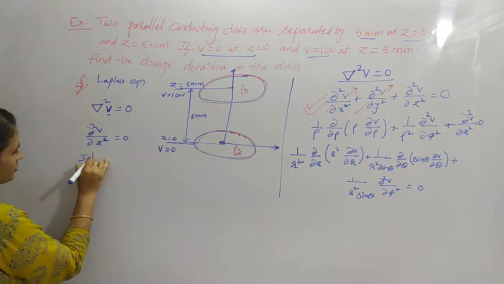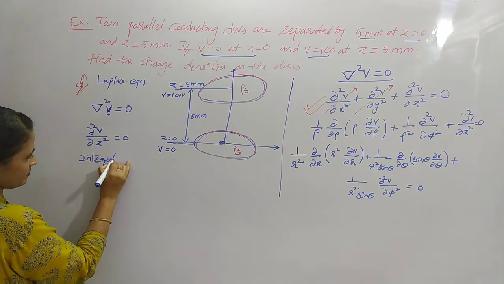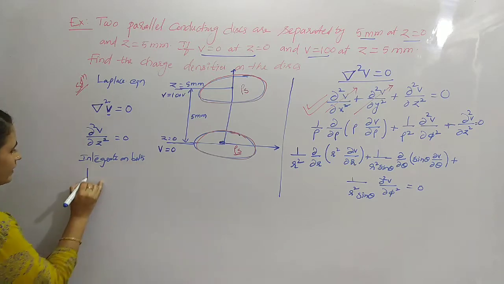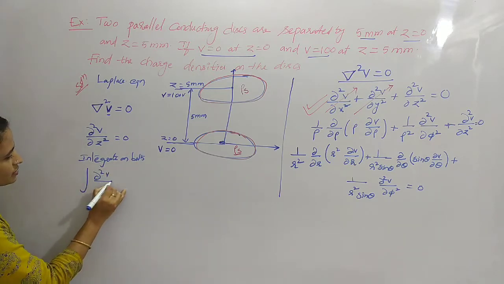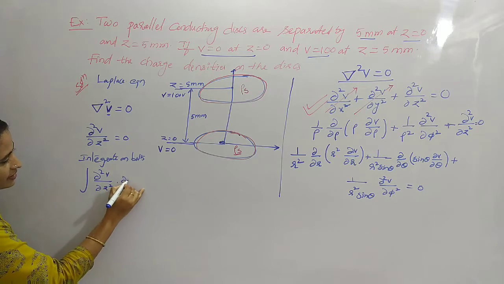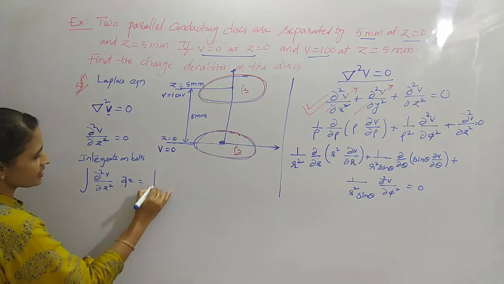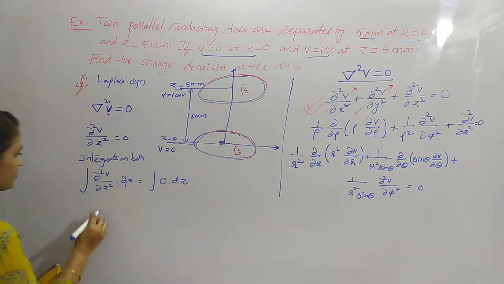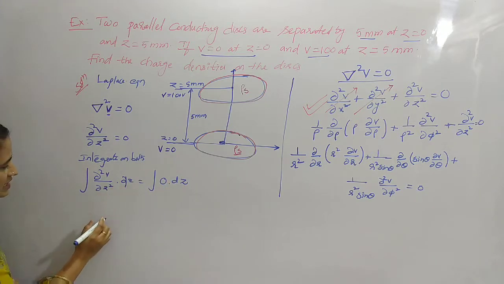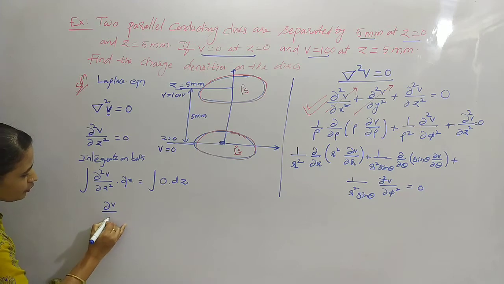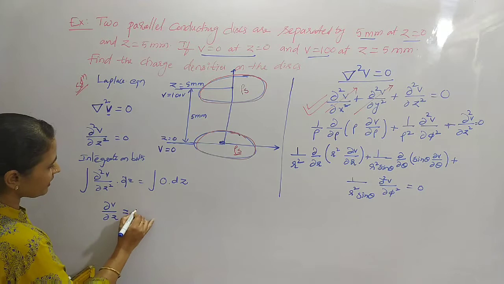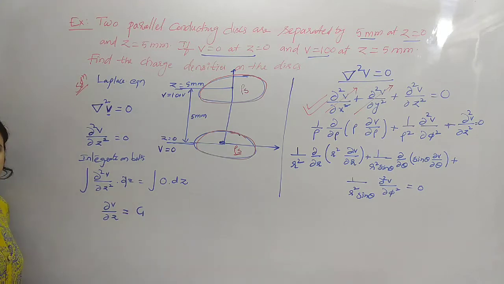Integrating with respect to dz, the integral of 0 dz is some constant C1, so we get dou V by dou Z equal to C1.